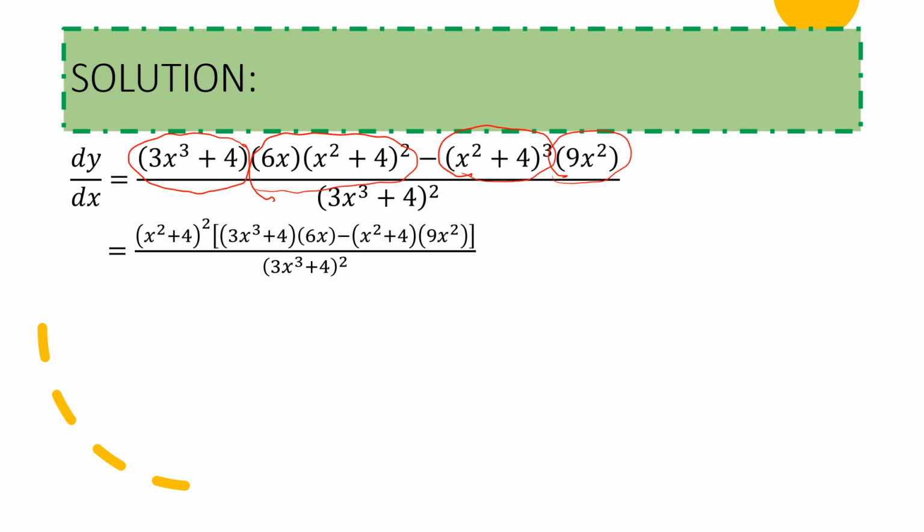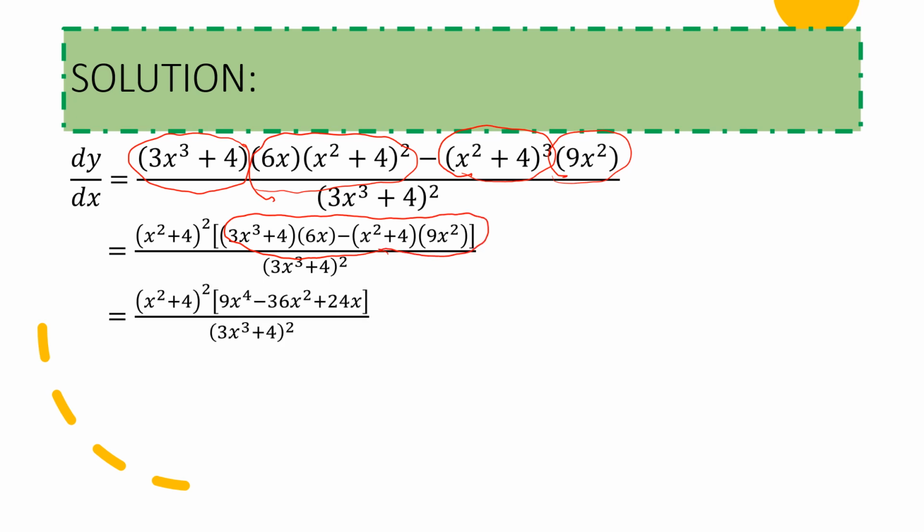So that factor we multiply by (3x cubed plus 4) times 6x minus (x squared plus 4) times 9x squared, over (3x cubed plus 4) squared. Next step, we expand that factor and try to simplify it. So the final answer becomes (x squared plus 4) squared times (9x to the power of 4 minus 36x squared plus 24x) over (3x cubed plus 4) squared.